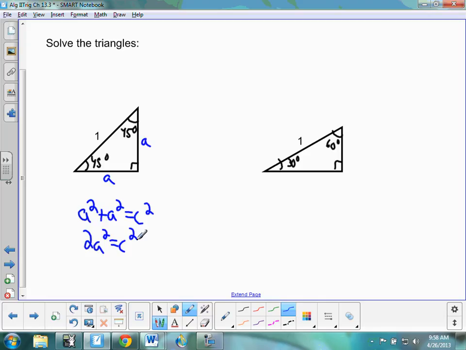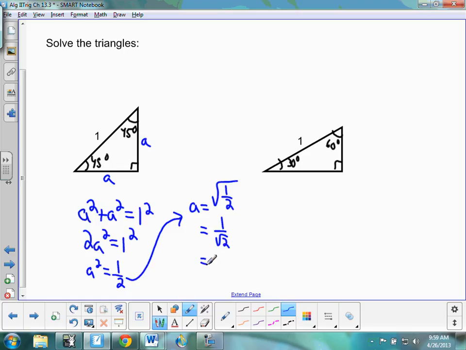My hypotenuse is 1, so I can change c to 1. And I get a squared equals 1 over 2, which means that a equals the square root of 1 over 2, which becomes 1 over root 2, which becomes root 2 over 2. Both of these sides are length root 2 over 2, if the hypotenuse is a length of 1.